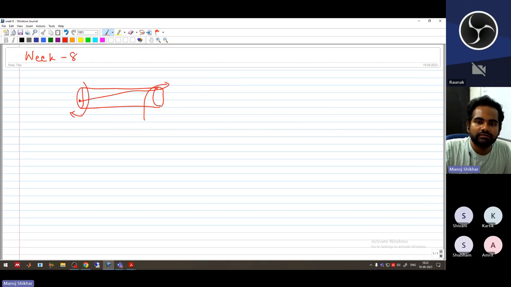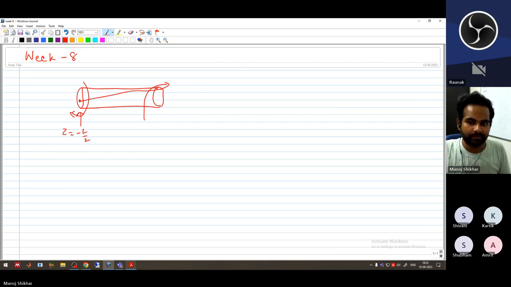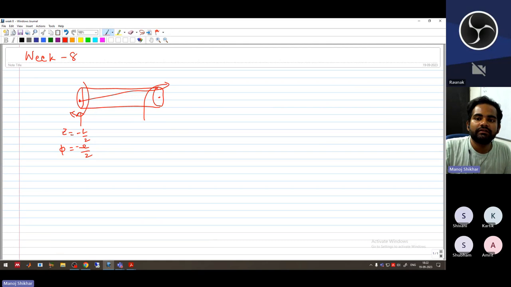At z equal to minus L by 2, we have phi equal to omega by 2 with negative sign. And here at z equal to L by 2, we have phi equal to omega by 2. And we are assuming that in between A and B, this variation is linear.